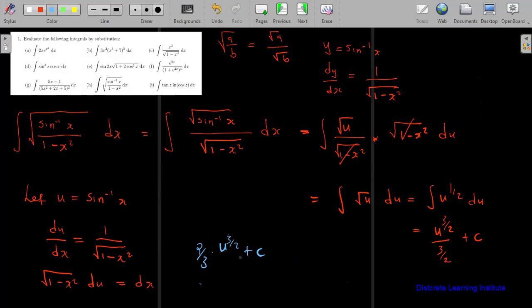Replacing back u, which is sine inverse of x, gives 2 over 3 times sine inverse of x to the power 3 over 2, plus c. So this is your solution. If you want, you can put it under the root, then to the power 3. It's still the same thing. That's your integral by u substitution, so we're done with this question.